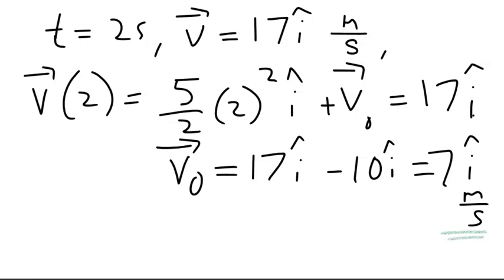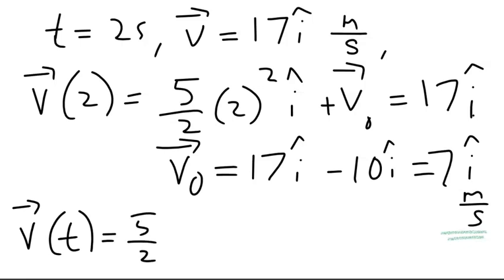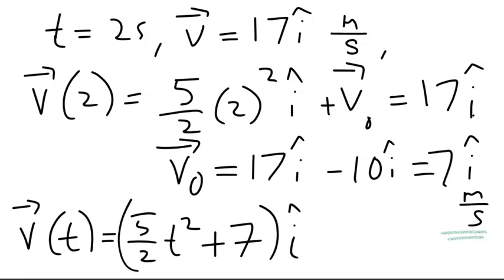Now, having found the integration constant, the general expression for the instantaneous velocity can now be written as 5 over 2 t squared plus 7, together with i hat, in the unit of meters per second. This is the expression that we will use to figure out the velocity at t equals 6 seconds.